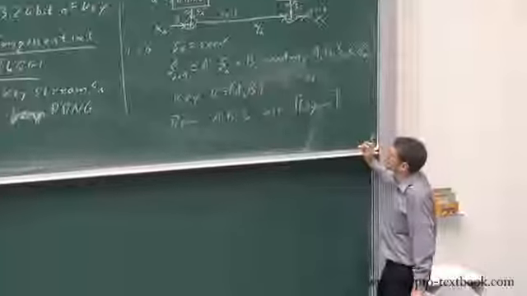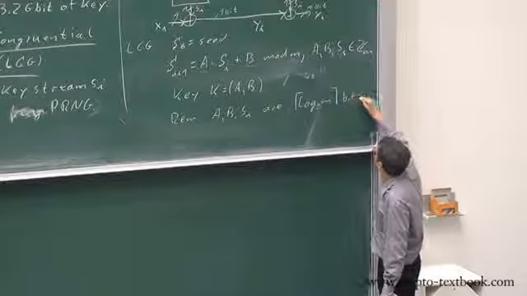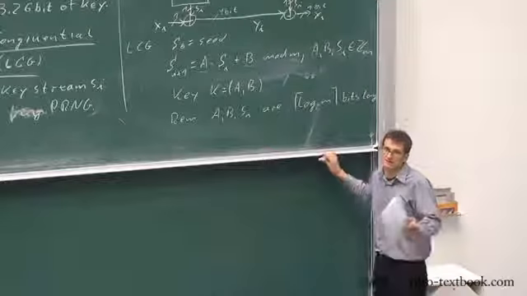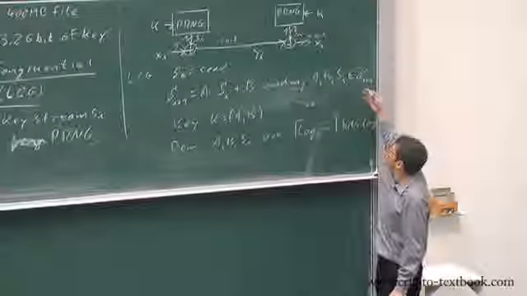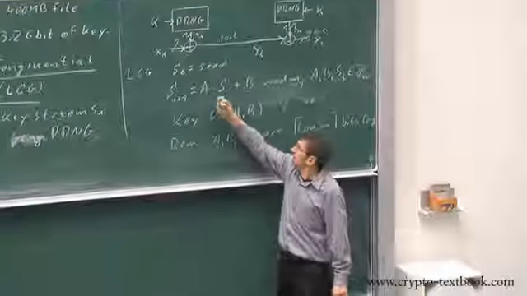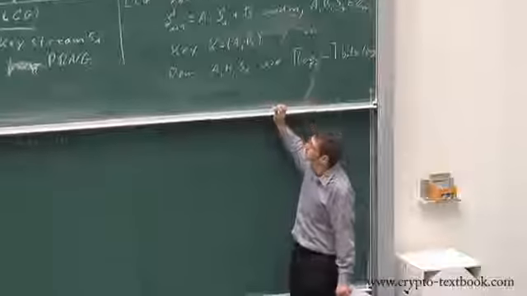We're going to talk about that in the Übung. So if m is, for instance, a 30-bit number, A, S_i, and B are all 30 bits long. That's the basic idea.